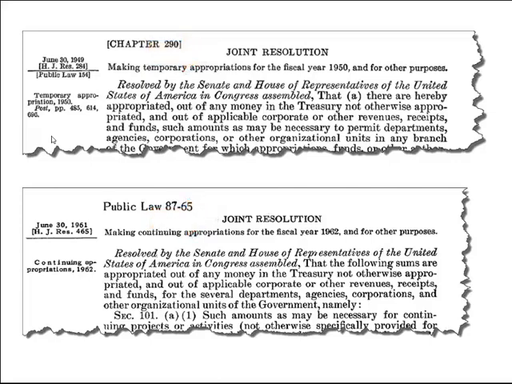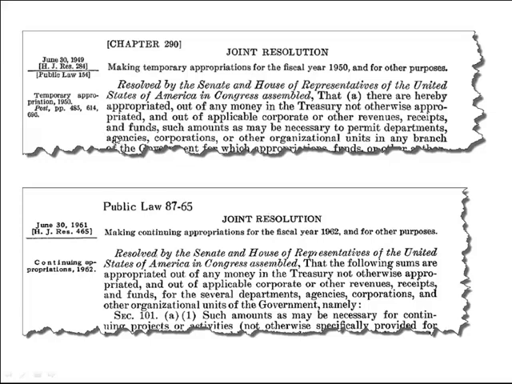From FY 1952 to FY 1976, there was no year that all appropriations bills were enacted on time. So some form of temporary funding was needed each year.